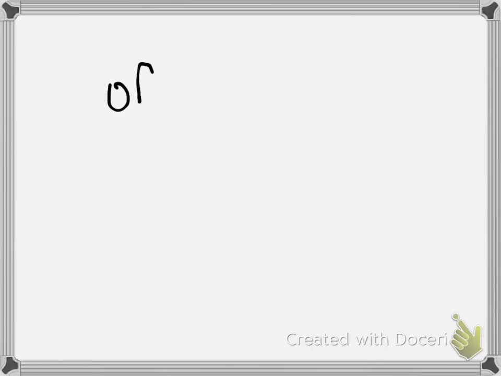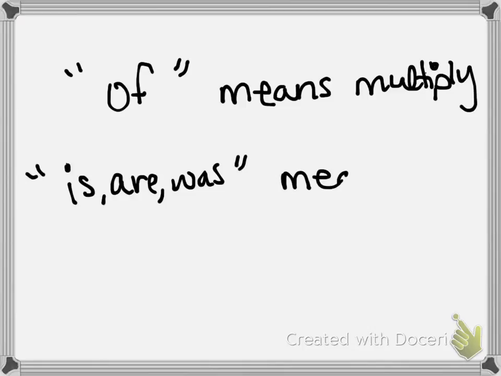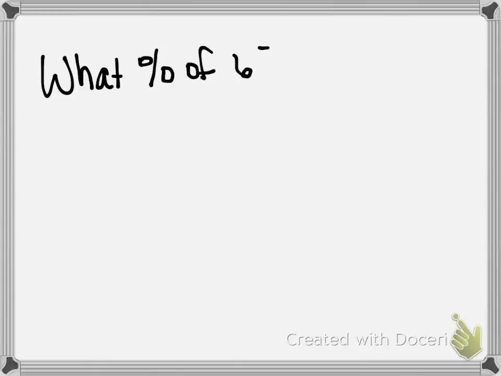So another thing you need to know is the word of always means multiply. If you see of in a mathematical sentence, they want you to multiply. If you see forms of be, is, are, was, will be, that means equal. So if you have a number sentence or a question, for instance, what percent of 65 is 12? Those are sometimes very difficult to figure out.